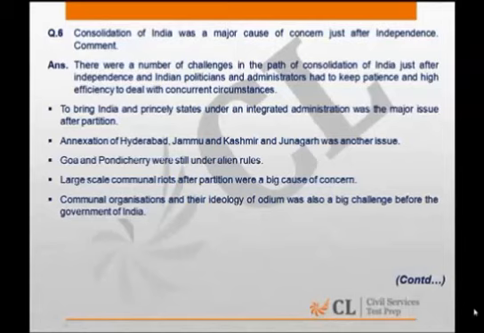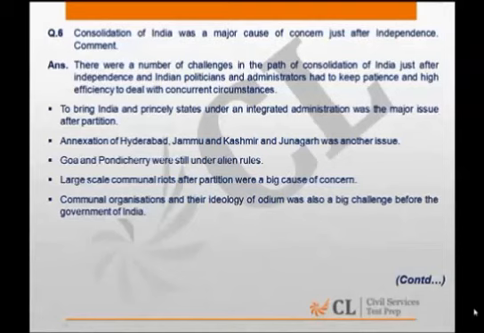They called it false freedom. So to pacify them was also a part of the problem of consolidation in India. This would be the synopsis and the structure of the answer.